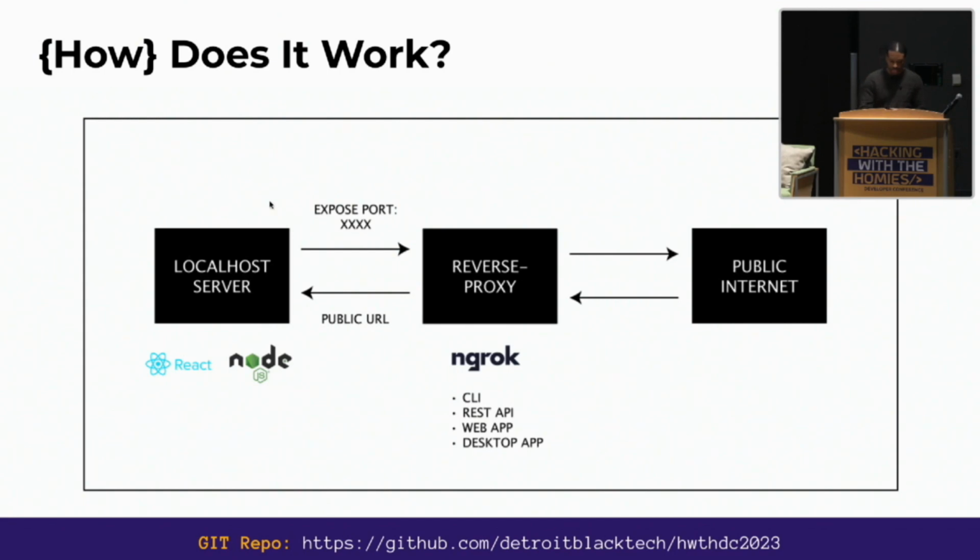So you expose a port, and then Ngrok returns a public URL for you, and that's effectively what's happening here. I'm not sure if you guys have access to the repo for this or not.